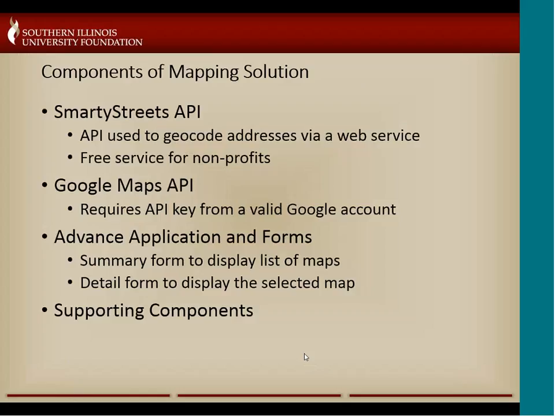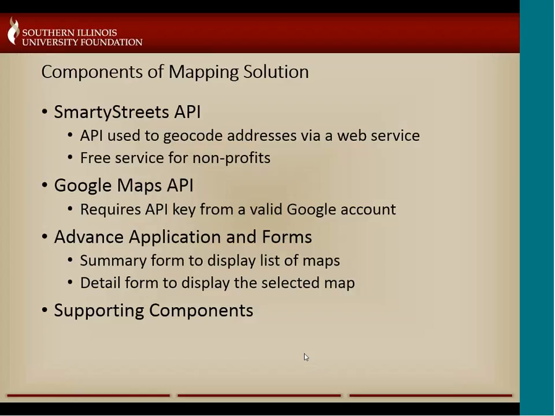The next piece there is our application that we're integrating, and for anybody that may be an Ellucian customer using Advance, they use a notion of applications and forms, which is basically how they house the actual programs and how they display things.